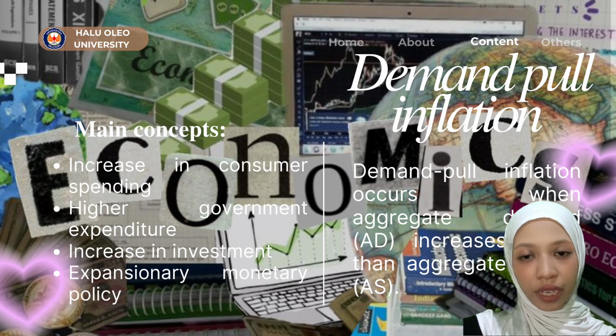There are four main concepts of demand pull inflation. The first one is increase in consumer spending, higher government expenditure, increased investment, and expansionary monetary policy.